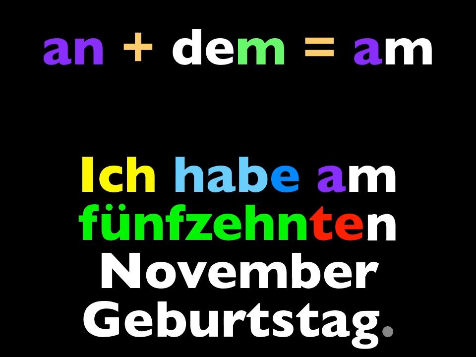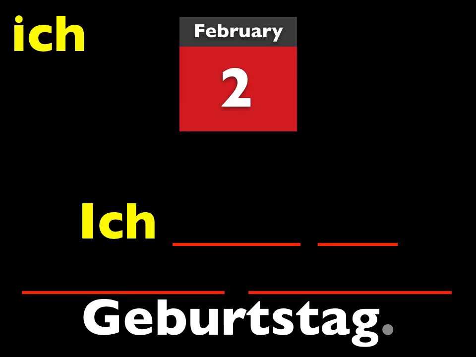Now, that being the case, I'll give you a subject and a date, and I want you to say that that person has a birthday on that date. I'll do the first one for you as a model. Here you see the word ich at the top in the left-hand corner, and a calendar showing February 2nd. So you'd say, my birthday is on February 2nd, or the way Germans would say it most likely, I have a birthday on February 2nd, by filling in the blanks below.